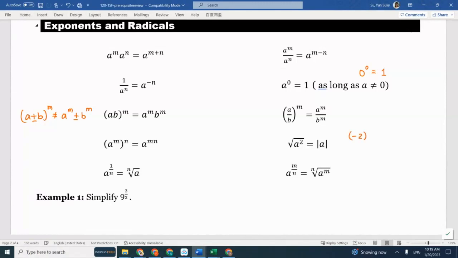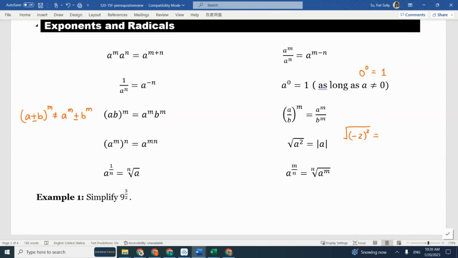Take negative 2 squared, and then we take the square root. What do we get? What's negative 2 squared? 4, right? Do we have negative 4? No, because negative 1 squared is 1. Yes, everybody?